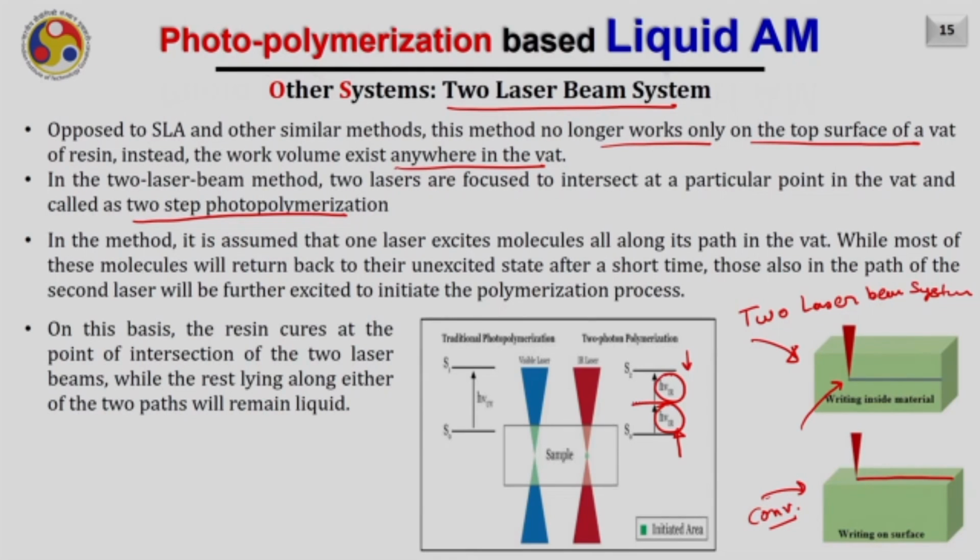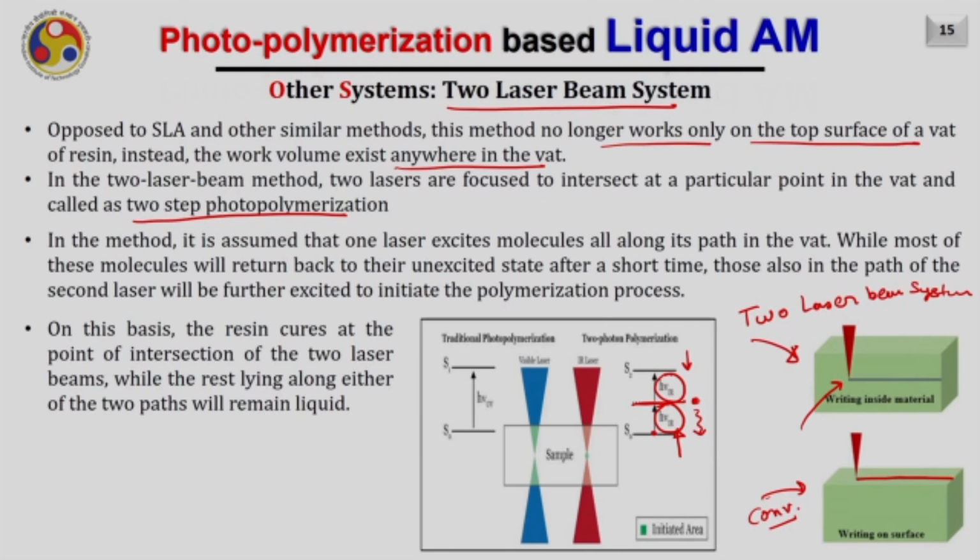So in this method, it is assumed that one laser excites molecules all along its path in the wet, while most of these molecules will return back to their unexcited state. So if one laser is exciting one molecule, only one laser I am talking about, the molecule may go into the excited state, but after some time it will come back, and this time period is very short.